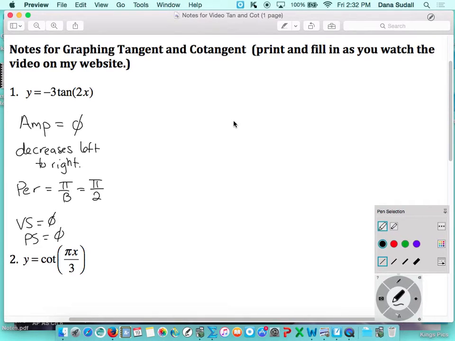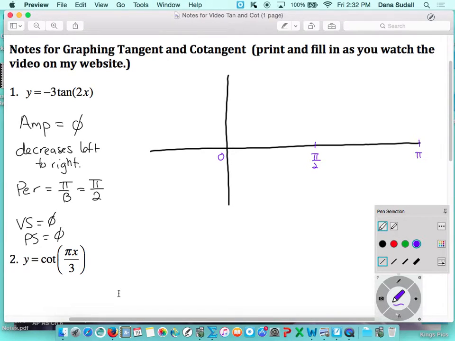If we start to set up your graph, move that arrow out of the way. I'm going to set up 2 periods, wherever you want to put them: 0 to pi over 2, and then a second period of pi, and chop that up into equal parts.